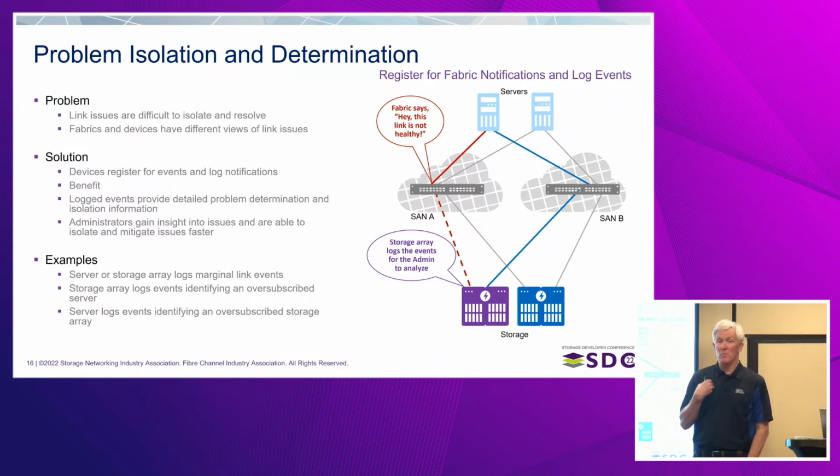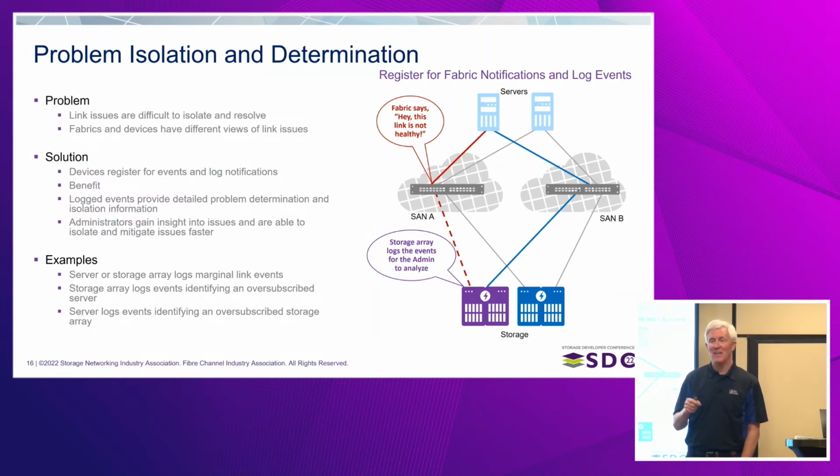From a storage administrator's perspective, that's a beautiful thing, because I have saved all sorts of time for my team having to go through and analyze this thing only to find out that it was a dirty cable. And now I have a very quick way of being able to say, it's not me. Check the cable.